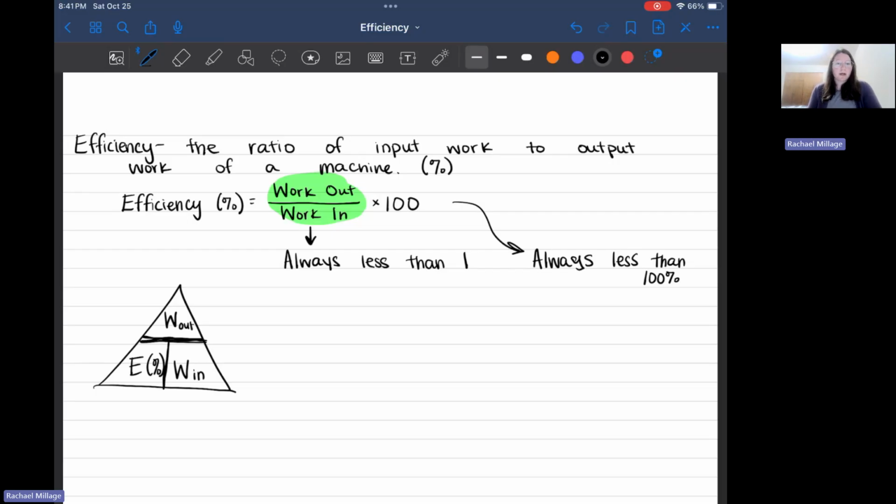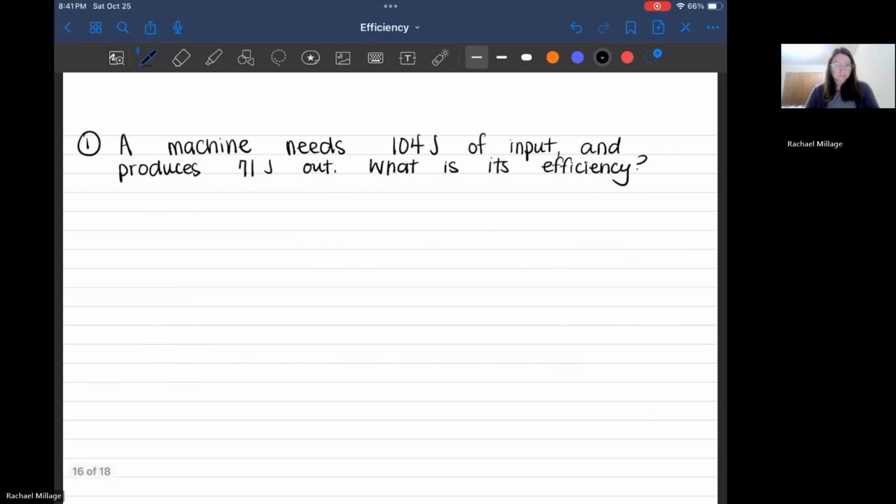So now we're going to do a couple of practice problems. The first one is a machine needs 104 joules of input and produces 71 joules out. What is its efficiency? So we know that our two numbers are 104 and 71. We have joules for both of them, which tells us that they are both work.